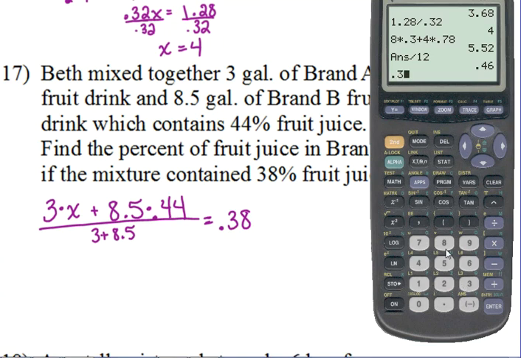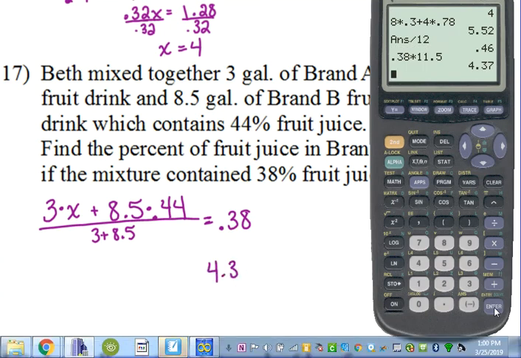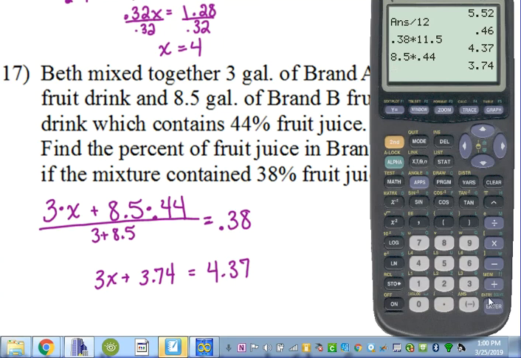So we're going to have 0.38 times 11.5. Lots of decimals here. So we have 3x plus 3.74 is equal to 4.37.